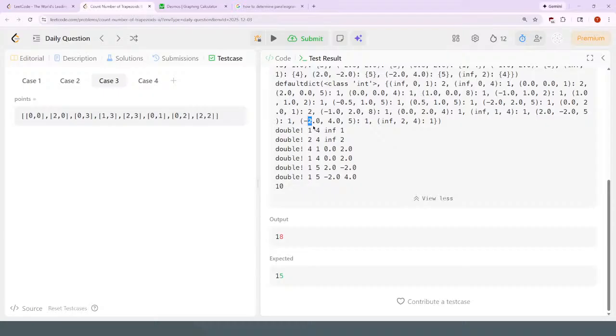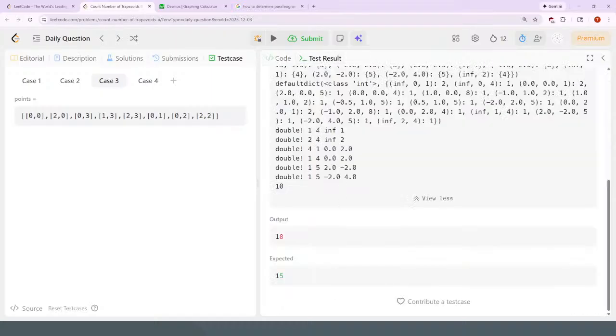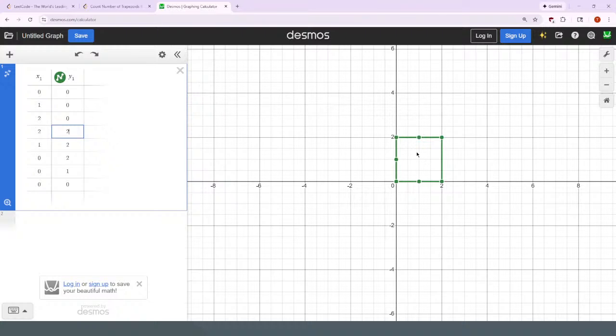there's one double counting where the distance is 4, the slope is infinity, the intercept is 1. I think I understand that. I think that would be this one with this one, going from 1, 0 to 1, 2.